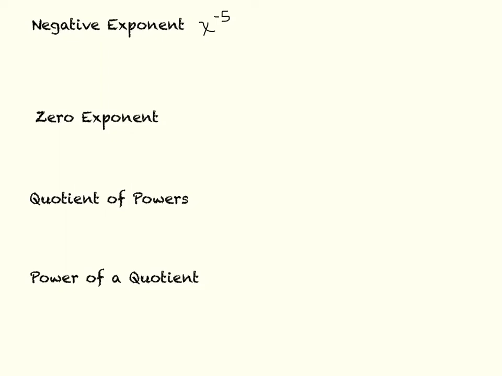So if I have a negative exponent in the numerator, now remember, if I don't have a denominator, it's over 1. So if I have this in the numerator, I take the x to the negative fifth, I put it in the denominator and make it positive. The same thing is with a negative exponent in the denominator, I make it positive and put it in the numerator.